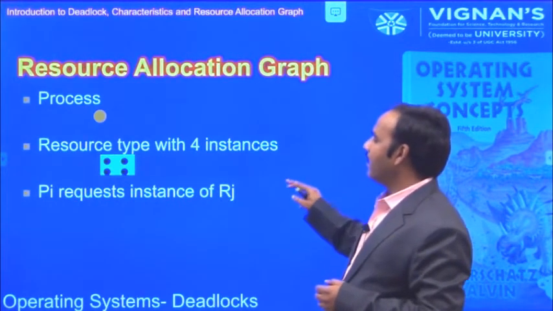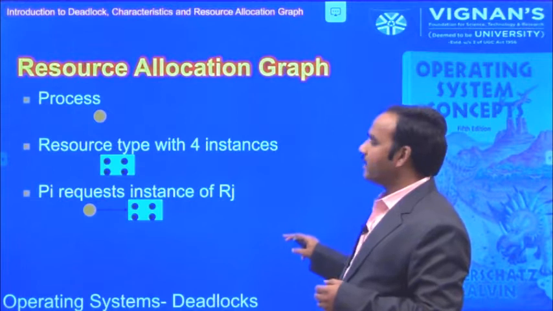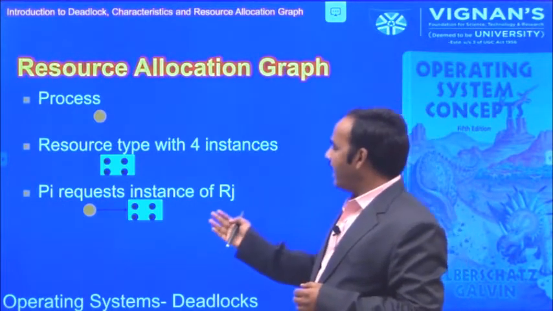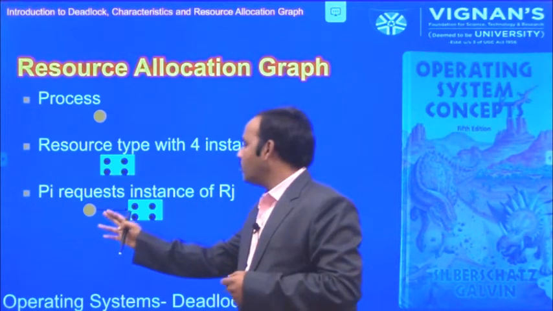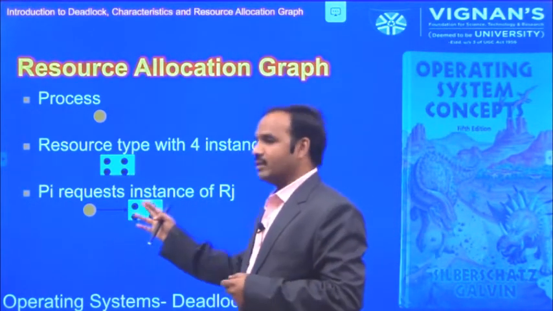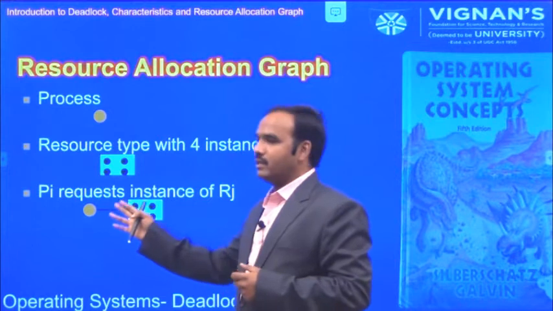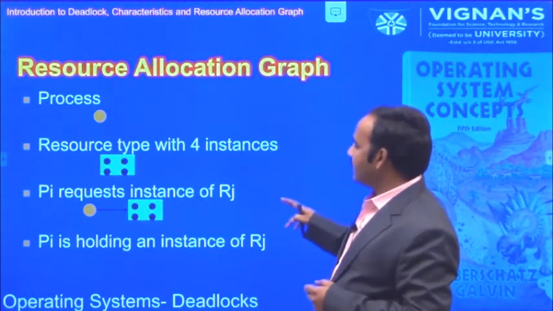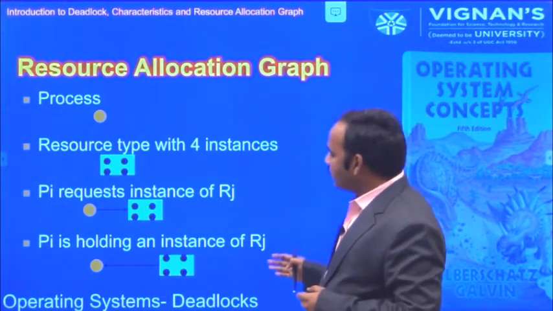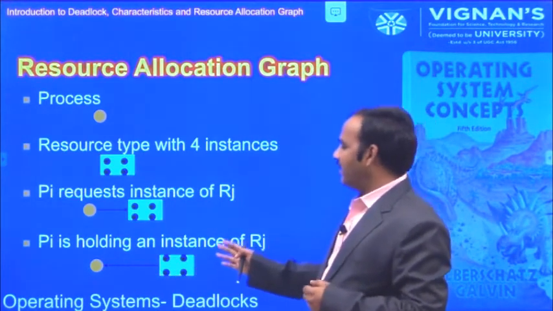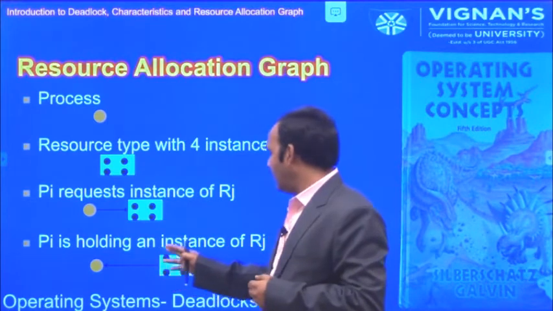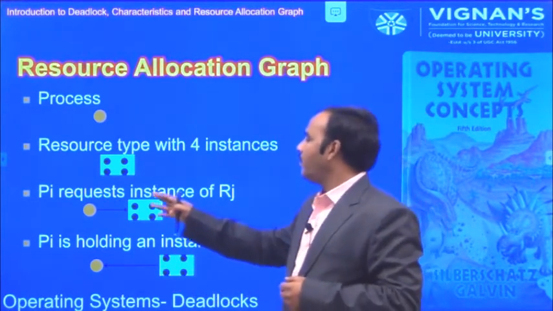And here we are using an edge, a direction. If the direction is from circle to square, or circle to box, then the meaning of this direction is request. If the direction is from box to circle, it means assignment. Pi is holding an instance of Rj.